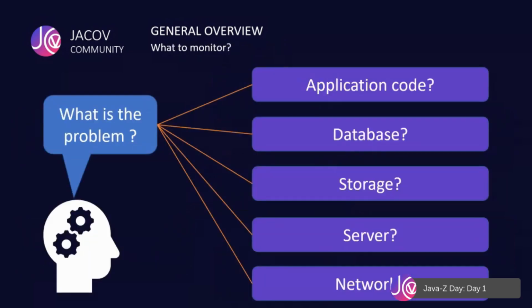The system should be viewed as a whole consisting of many components, which is why we should monitor not only our applications, but also the infrastructure and the network. Only the full overview can give us a quick answer regarding the root of our problems.